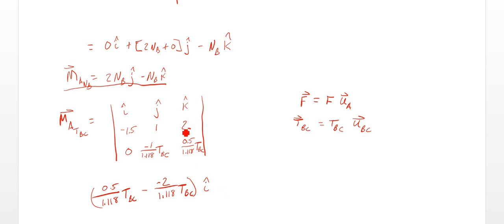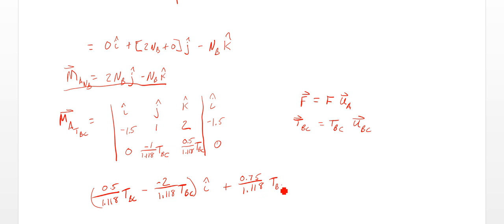In J, we're going to have 2 times 0. Let me copy this column over. So 2 times 0 minus -1.5 times 0.5. That makes a plus. So I'll do the math here in my head. Half of 1.5 is 0.75 over 1.118.